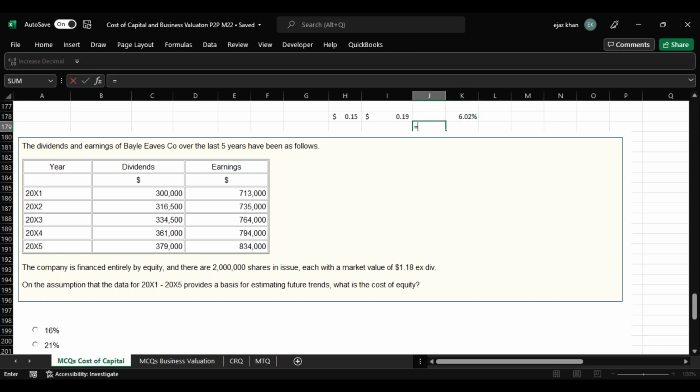Now let's apply the cost of equity formula. The latest dividend, which is 0.19, expected to grow at the rate of 6% in the future, divided by the market price. The market price is 1.18.